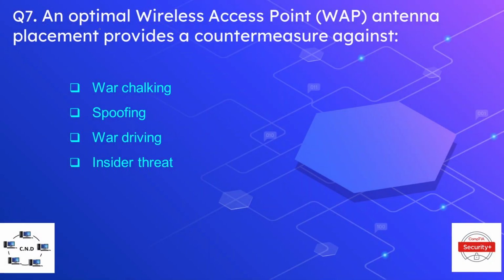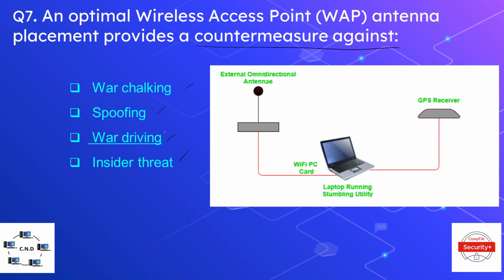Question number 7 is that an optimal wireless access point antenna placement provides a countermeasure against, and the options are war hawking, spoofing, war driving, or insider threat. And the correct option is war driving.